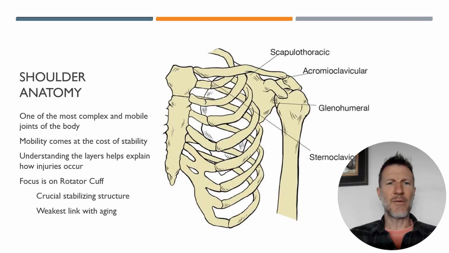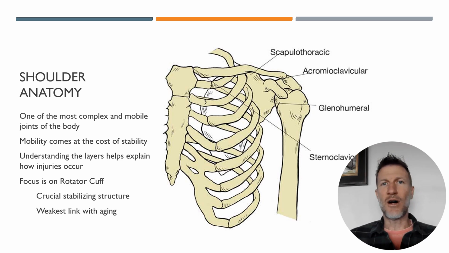So as we go through the anatomy, it's helpful to start with the skeleton. The shoulder has the greatest range of motion of any joint in the body. And so essentially, because of such great range of motion, it puts more stress on the adjacent structures. That's where the rotator cuff tears come from.